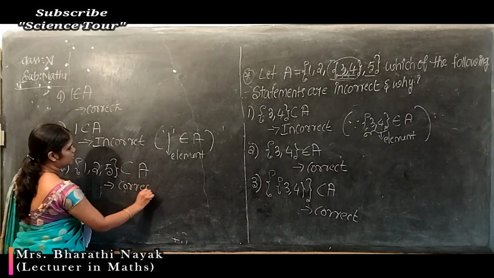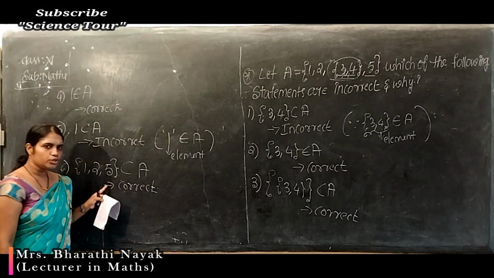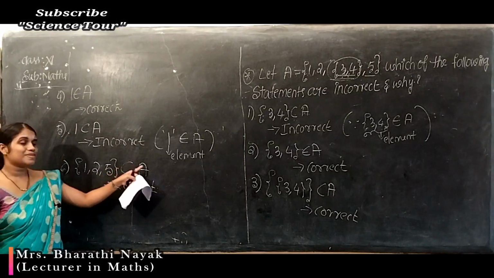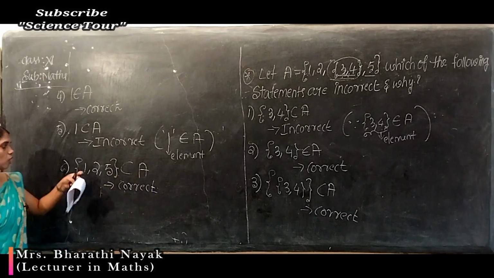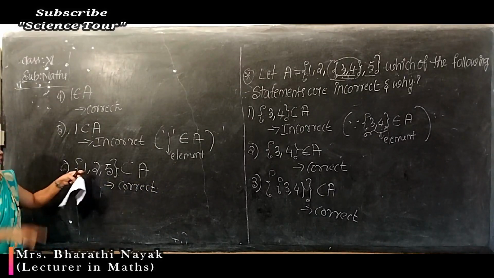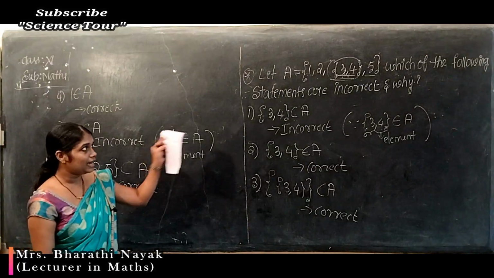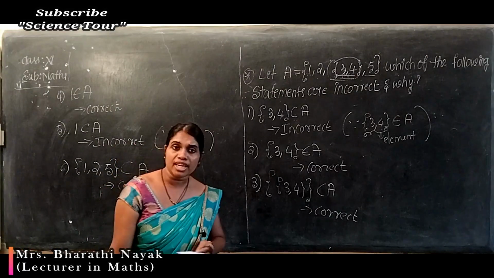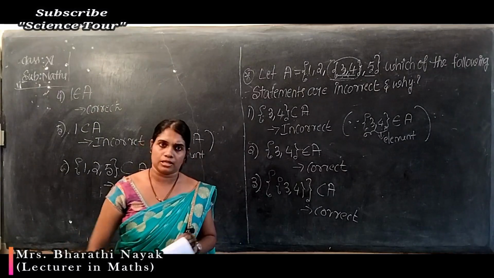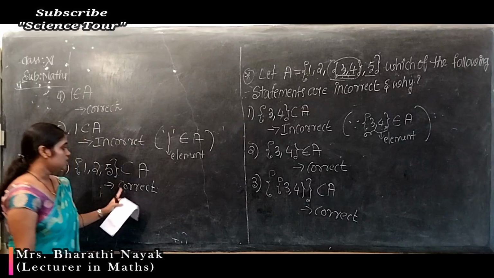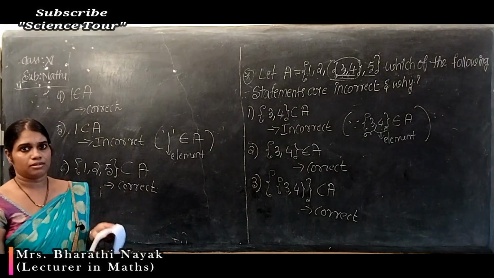Whatever they have given in the question, this is a correct statement, because 1 is an element, 2 is an element of set A, and 5 is also one of the elements of set A. So if you take a flower bracket to these three elements, then it will become a subset of this given set. So therefore this is a correct statement.